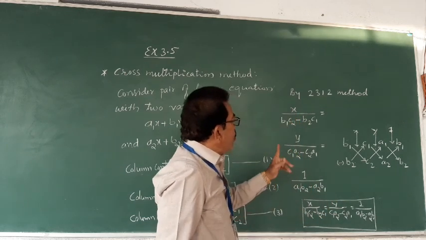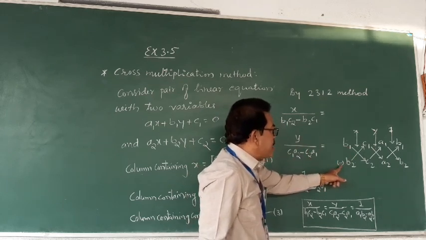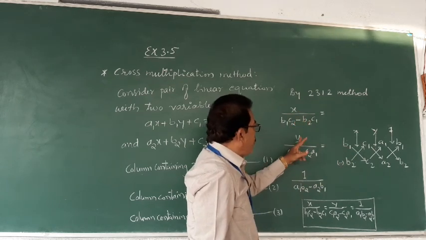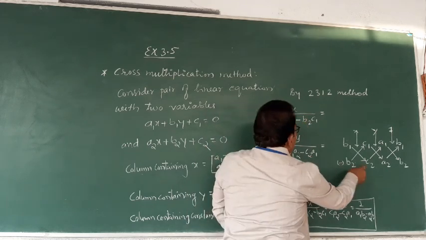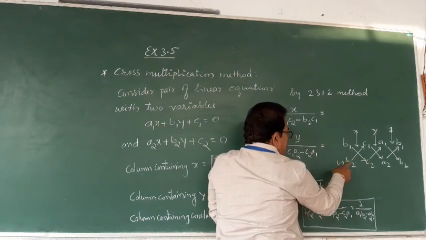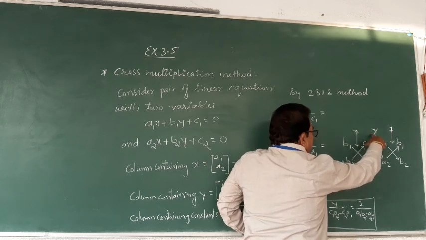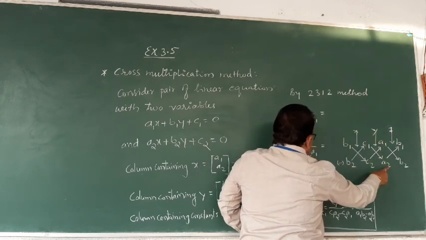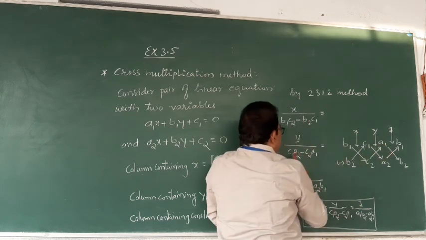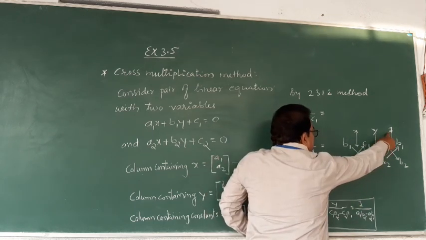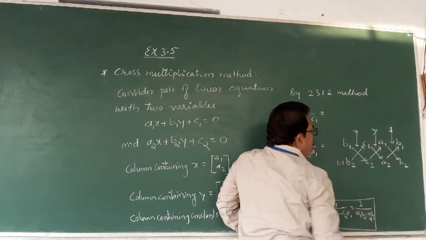After multiplication, b1 c2 you have to use a minus sign for every x, y and constant term. So x equals b1 c2 minus b2 c1, then y equals c1 a2 minus c2 a1, then the constant term 1 is a1 b2 minus a2 b1.